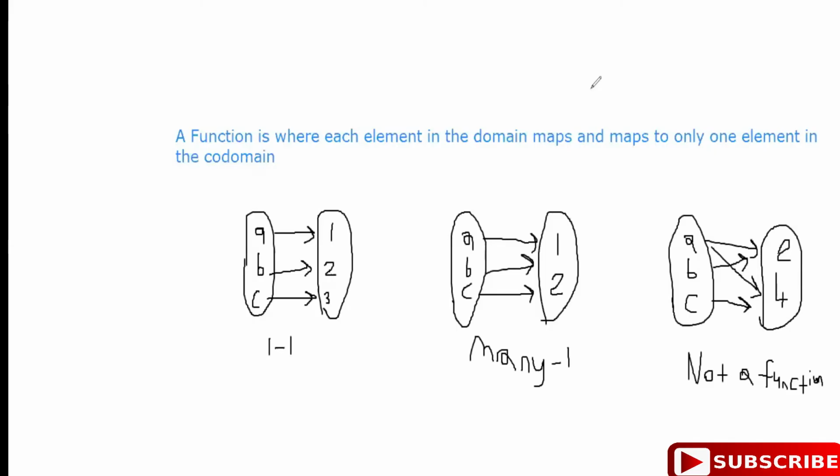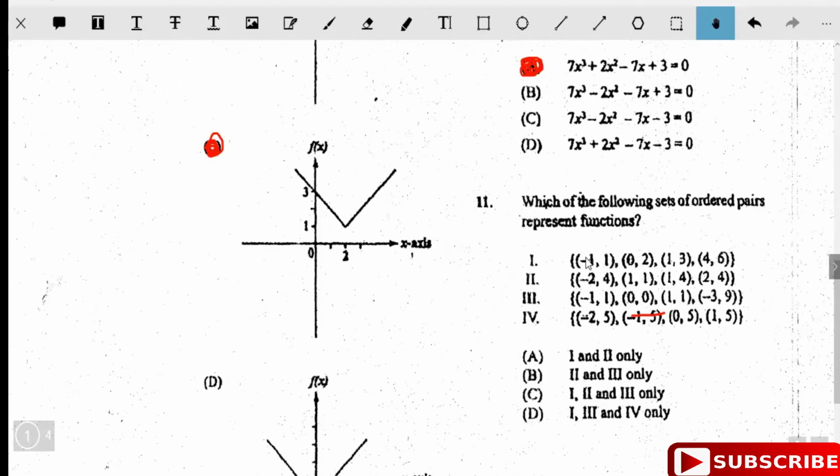All right. And so look at option B. Look clearly at option B. In the domain we have -2, 1, 1, and 2. So write it down: -2, 1, 1, and 2. Now look at this. 1 is mapped to 1 and 1 is mapped to 4. Can we see that?